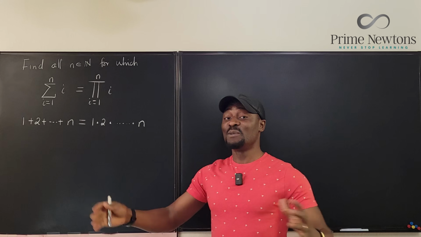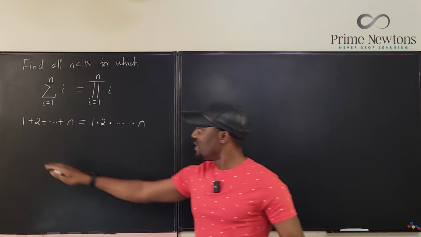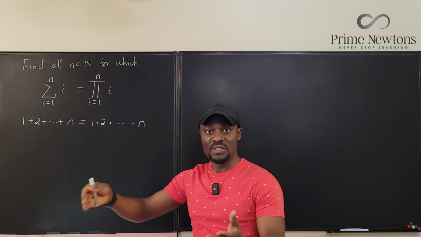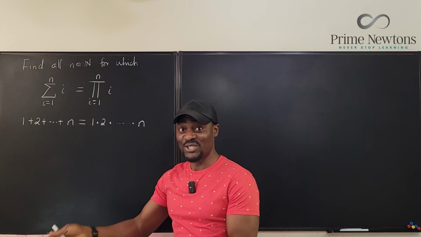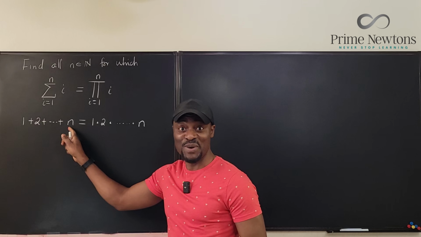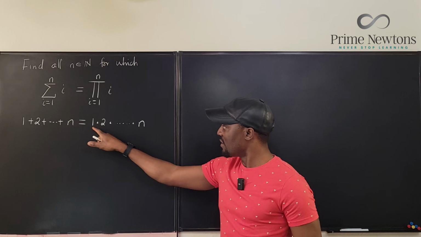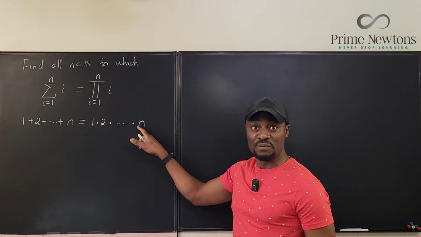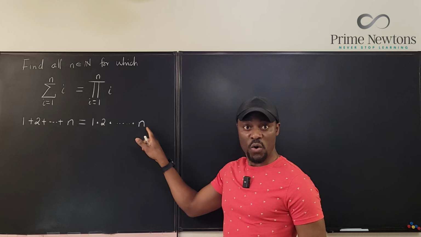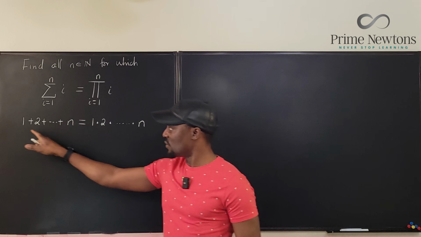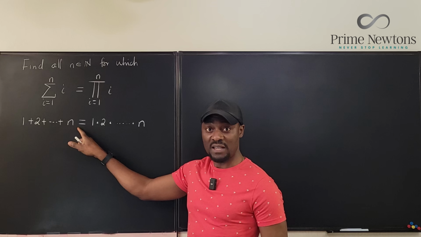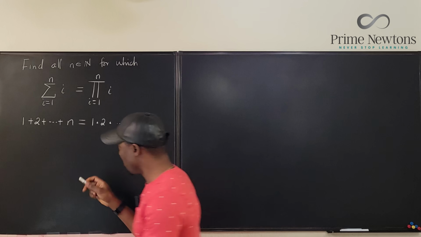But just to make things more beautiful, we know there's a formula for the sum of the first n terms, like in an arithmetic progression, right? The sum of the first n terms, we know it. And then we know what the product of consecutive terms starting from 1 all the way to n is. This is what we call n factorial, and this is what we call the sum of the first n terms, which gives us the summation formula.